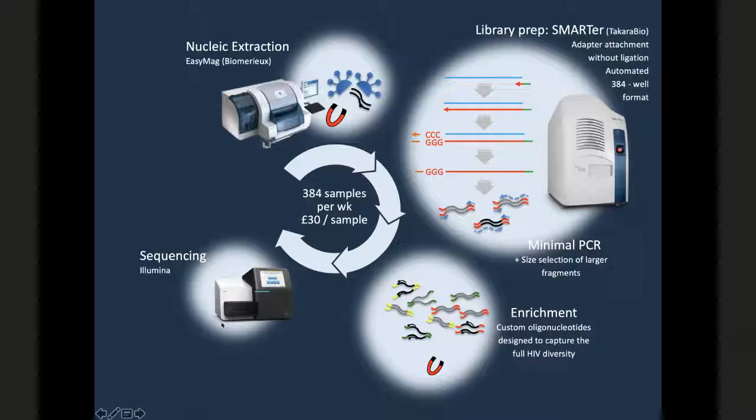So we use a HiSeq platform, and we miniaturize the assay, which reduces the cost to around £30 per sample. And one technician can get right the way through this protocol for around 400 samples every week. So it's a very fast and efficient way of doing the job.